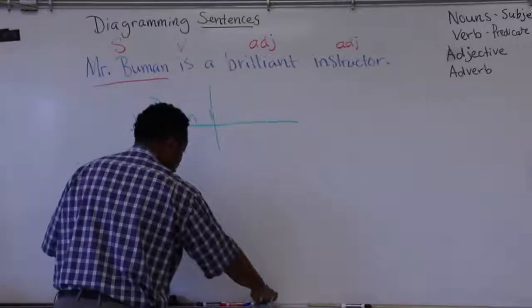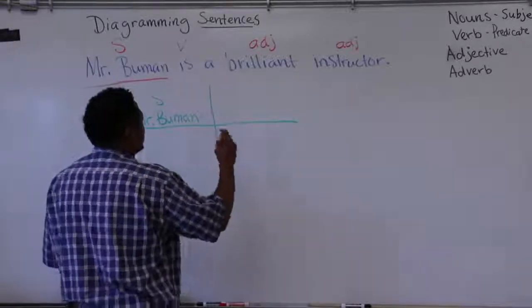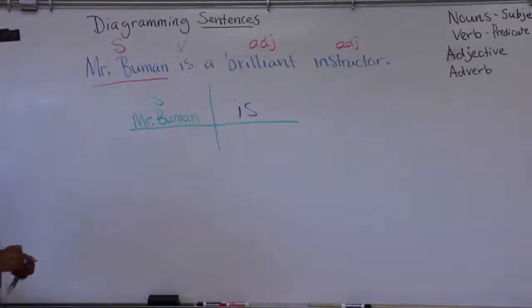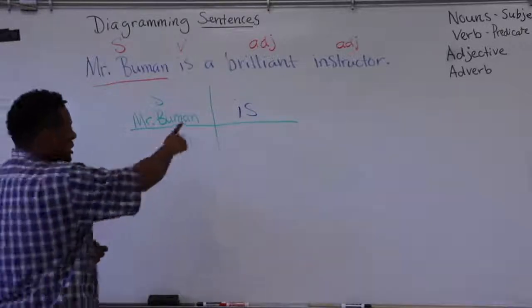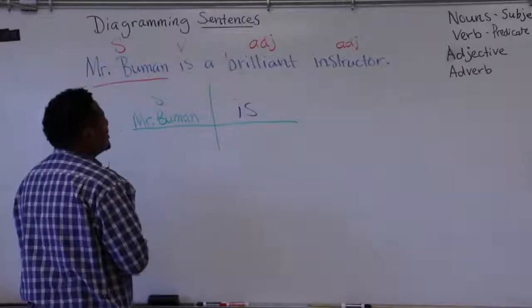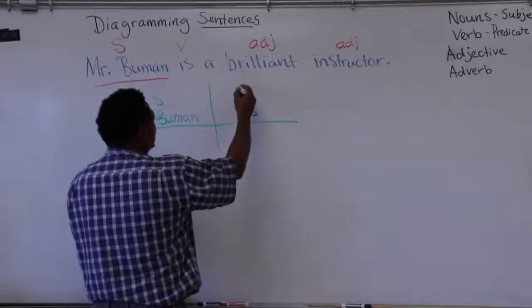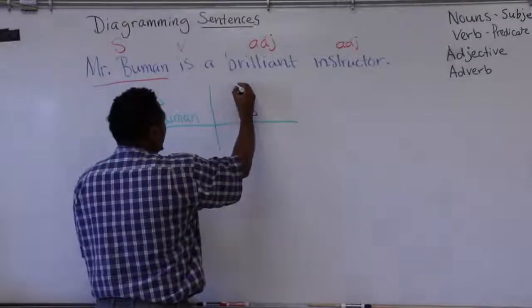The verb is. Verbs are action words. They can also be a state of being. So is, in this sentence, is a state of being. There's no action being done. So this is a verb.